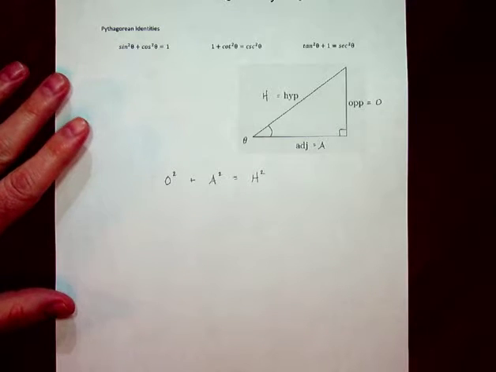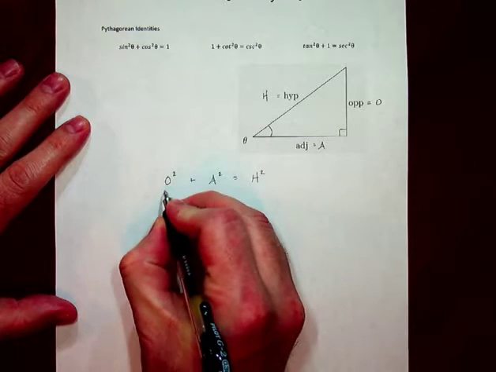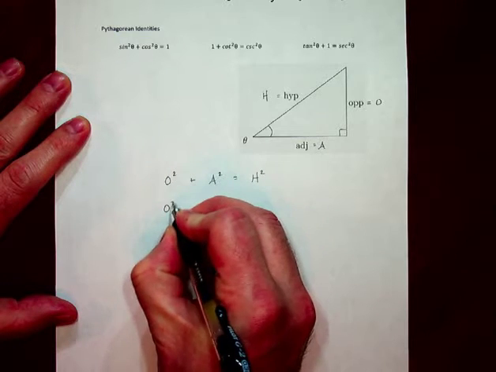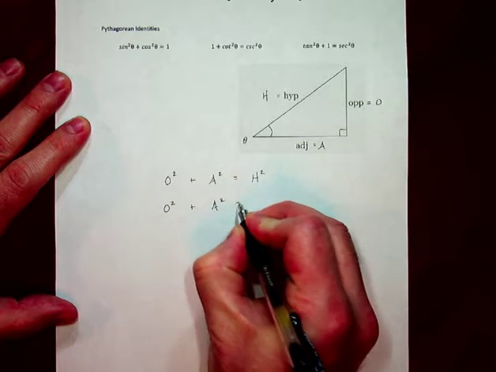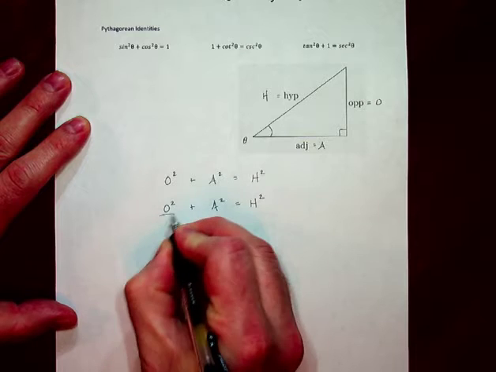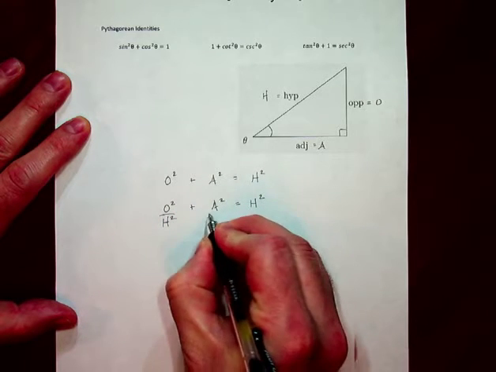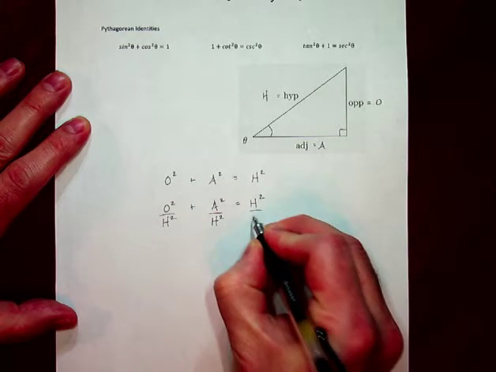Now, I don't know if you knew this about me, but I love division. Division is my favorite thing in the entire world. So let's go ahead and play around with this, and let's divide both sides by h squared. Does that sound good? I think that sounds fantastic.